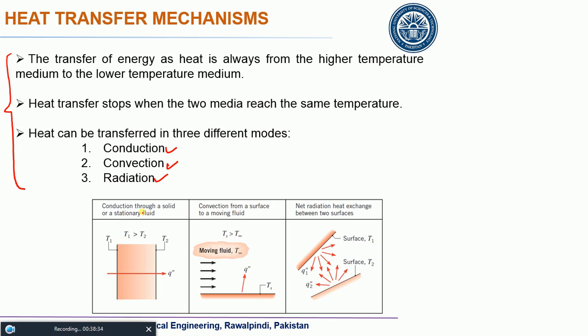In case of solids, that heat transfer rate due to conduction would be higher. Why is it so? Because molecules are tightly packed within the solids. Within the liquids, those molecules are not that tightly packed. Okay? So in case of gases, you can say conduction is kind of minimal.